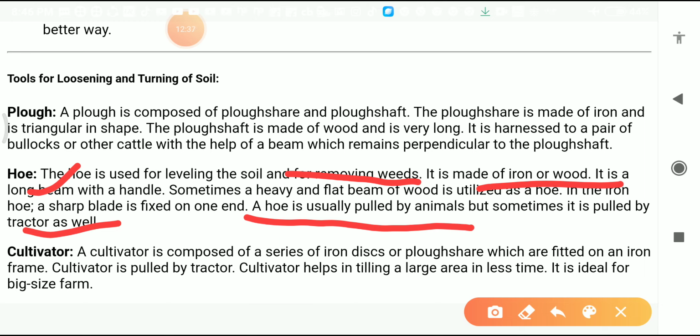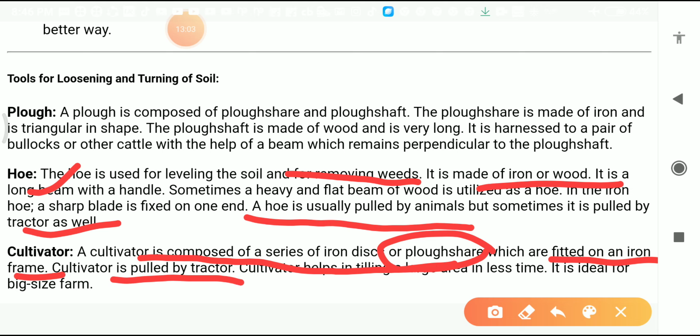Last is the cultivator. The cultivator is composed of a series of iron discs or plowshares which are fitted on an iron frame. The plowshare present in the plow is made of iron and is present at the bottom, and the cultivator is pulled by the tractor.